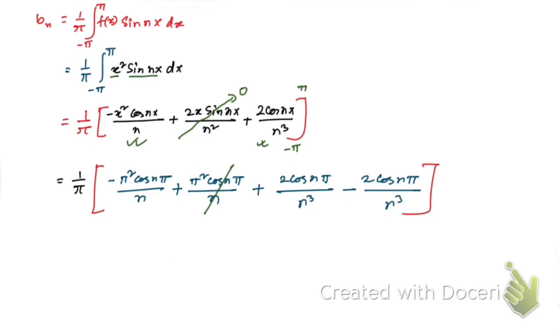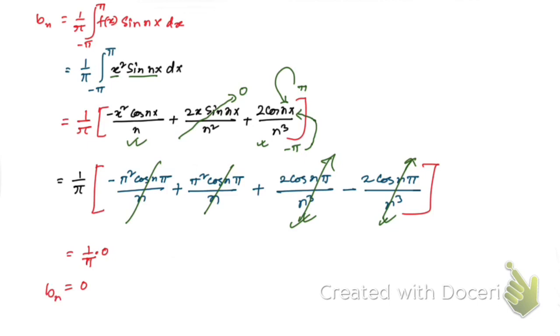So these parts cancel. Then again put pi here, and then subtract the value after putting minus pi. Putting pi we have got this, and putting minus pi we have got this value, and they will also cancel. So finally we have got 1 by pi into 0, that's going to be 0, so bn we have got 0.